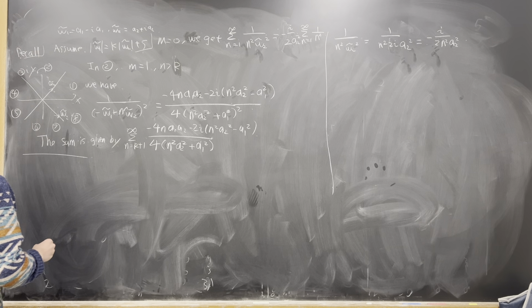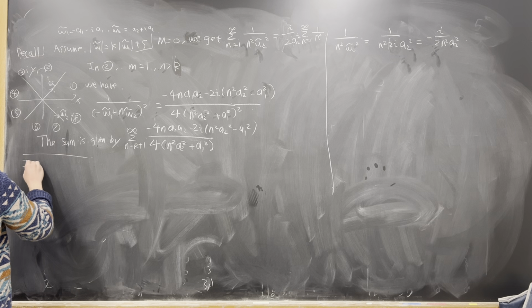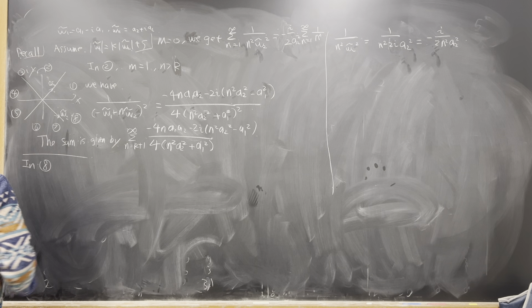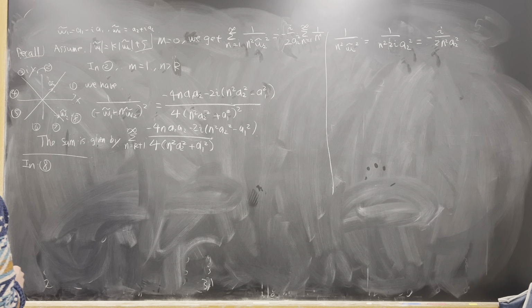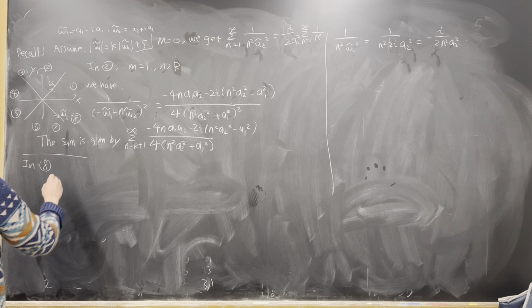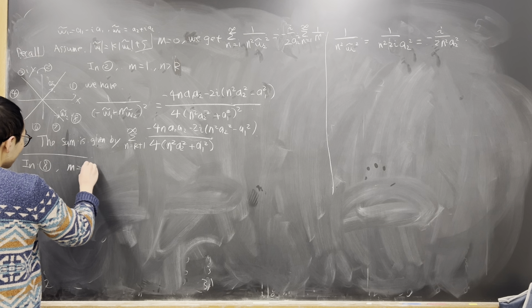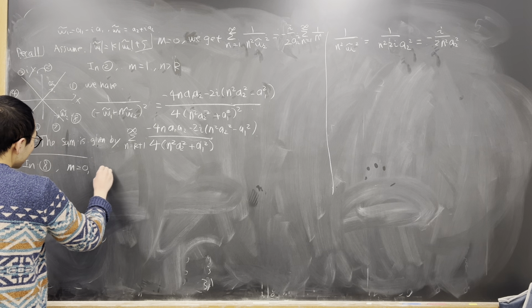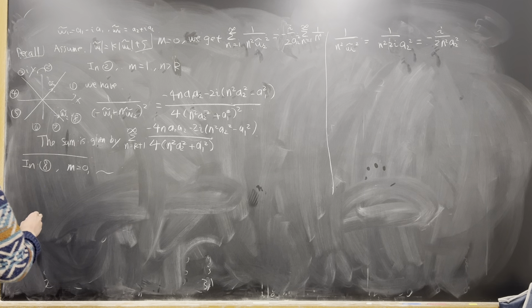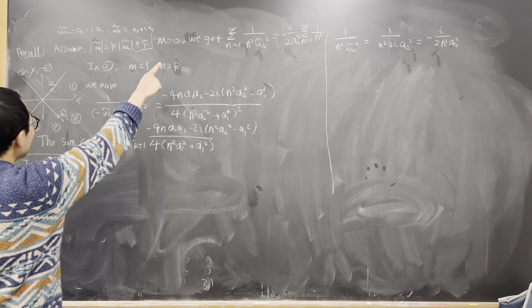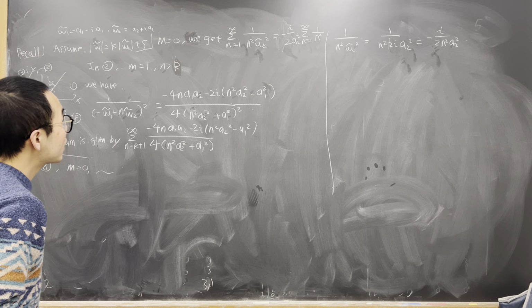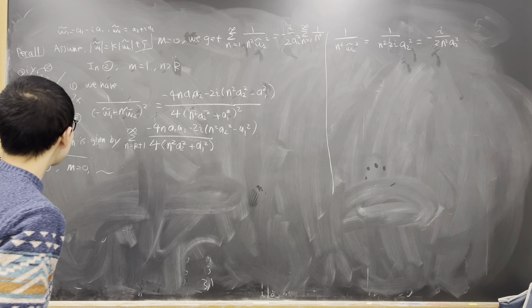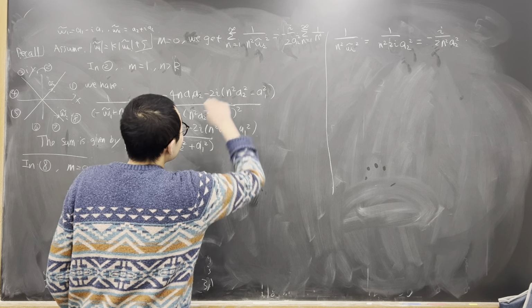Let's say in 8, let's just ignore the m equals 0 case, just leave it for a while. Because I think the m equals 0 case is the same thing, right? You will get something similar to this guy.